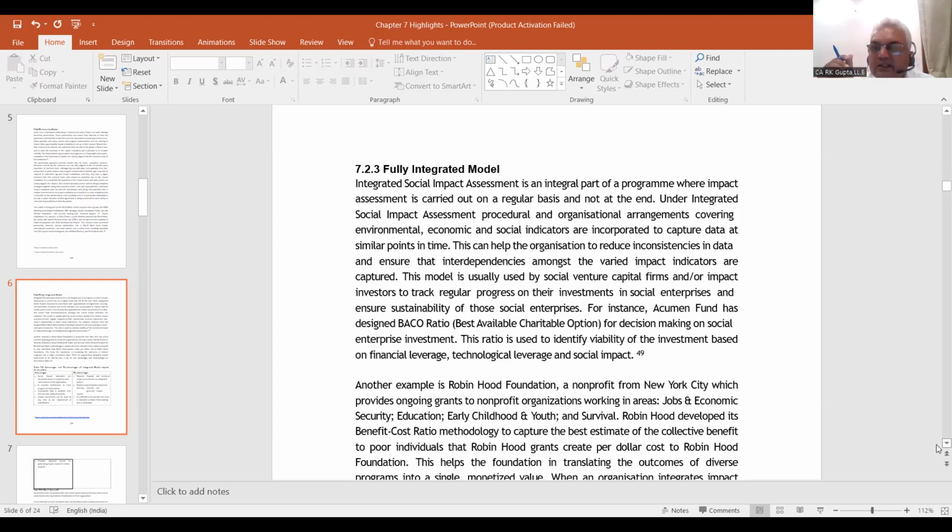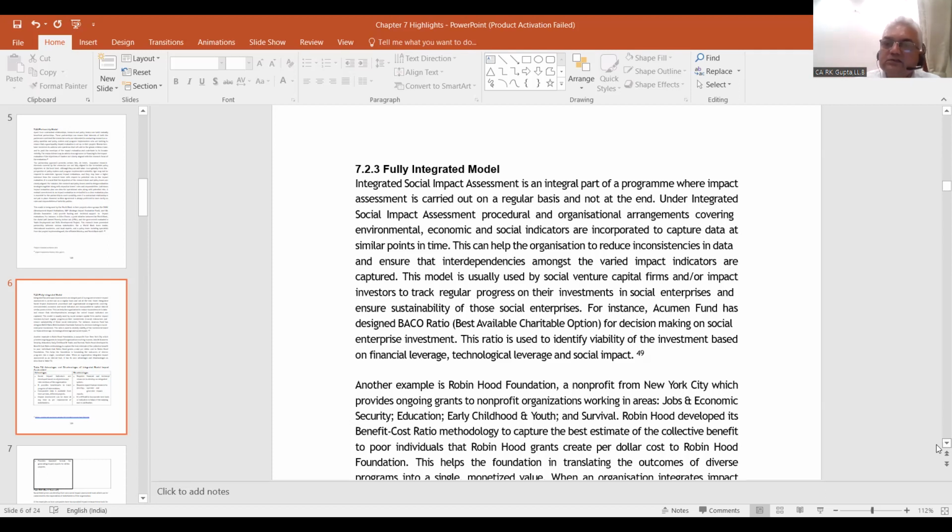So integrated social impact assessment is an integral part of a program where impact assessment is carried out on a regular basis and not at the end. Under integrated social impact assessment, procedural and organizational arrangements covering environmental, economic, and social indicators are incorporated to capture data at similar points in time.